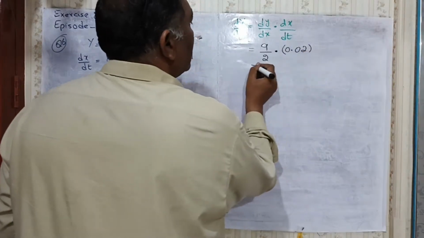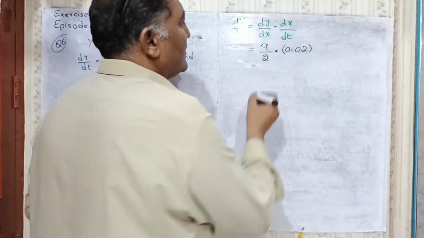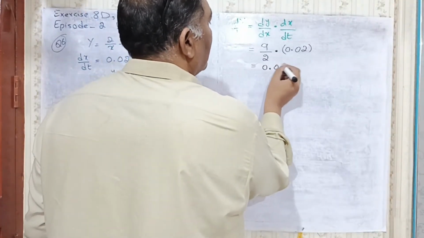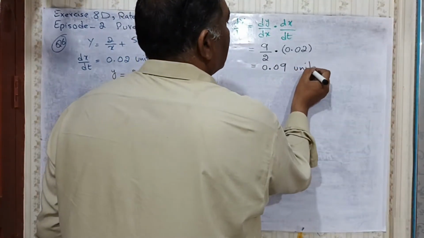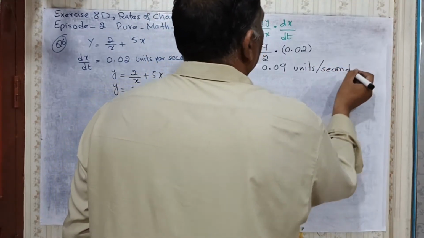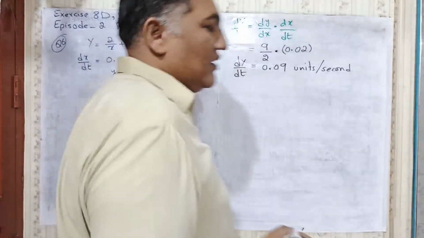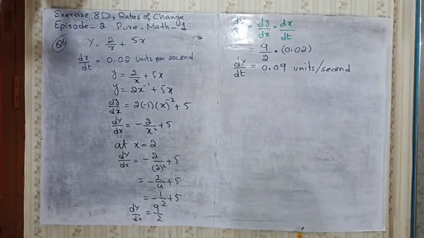So the answer will be 0.09 units per second. So dy by dt is the rate of change of y with respect to time. Let me check the answer from the book. Exercise 6, 0.09 units per second.